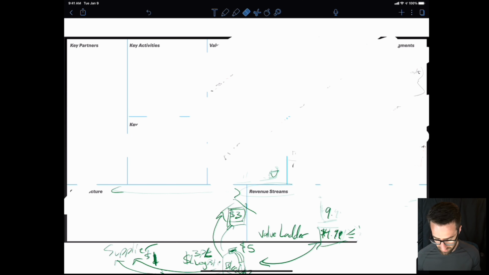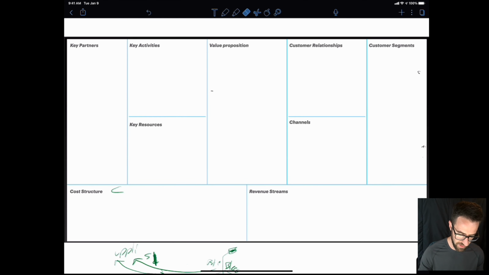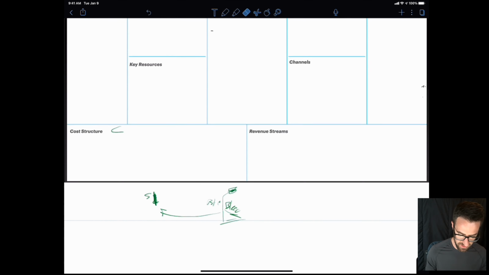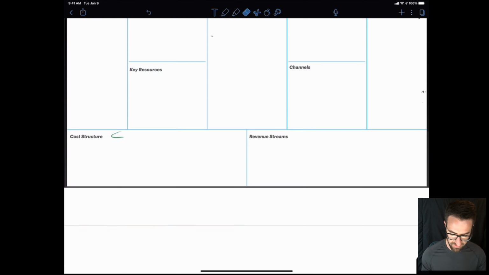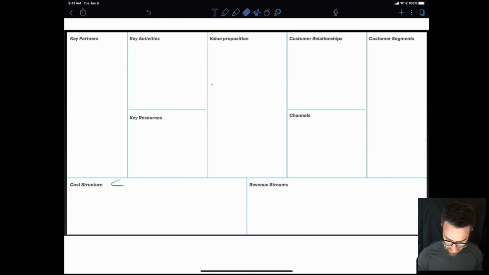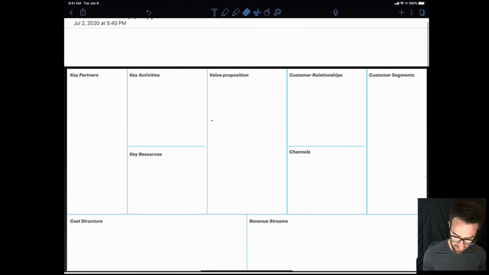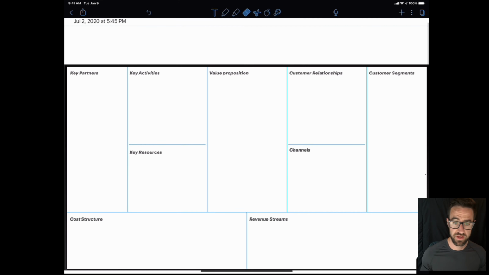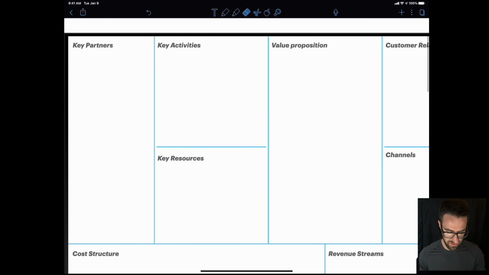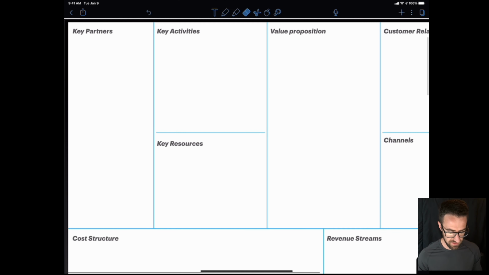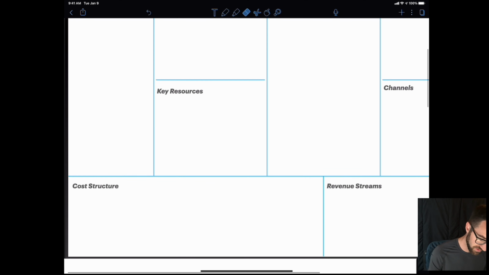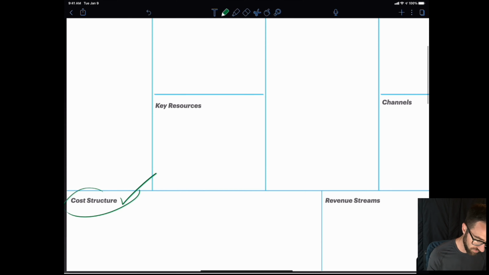All right, this is from the previous portion where we were answering the right side of the sheet, okay? If you recall, previously we looked at our customer segment, relationship, sales channel, value proposition, and revenue streams. But today we're looking at key partners, key activities, key resources, and cost structure. We just looked at our key structures, already did that.